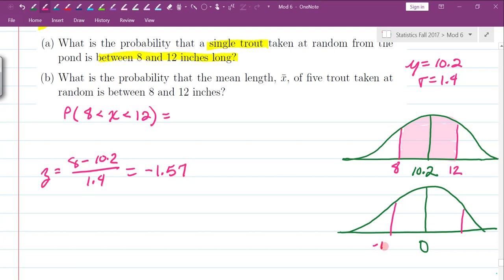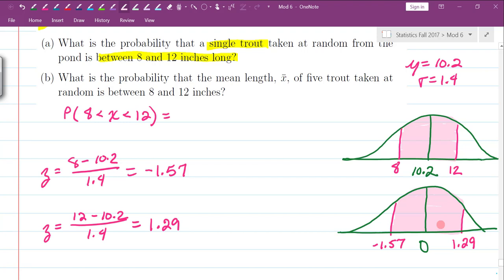And then my other z, because I have to standardize my 12, is 12 minus 10.2 divided by 1.4, and that is equal to a positive 1.29. So over here, 1.29. And right here, I'm going to highlight the area of interest so that my pictures represent each other properly. I'm looking for that area right there.